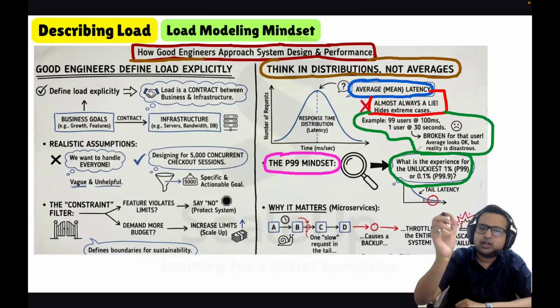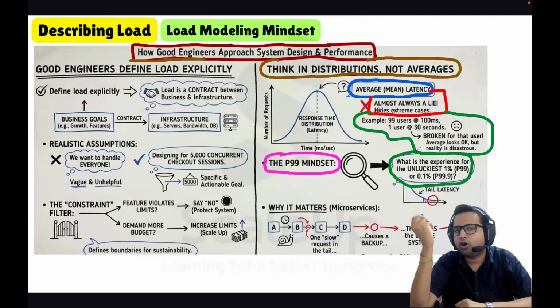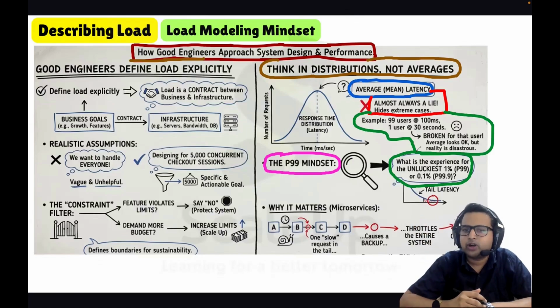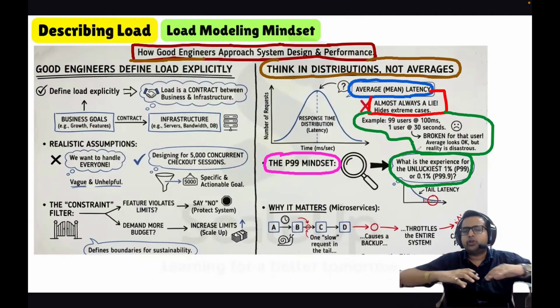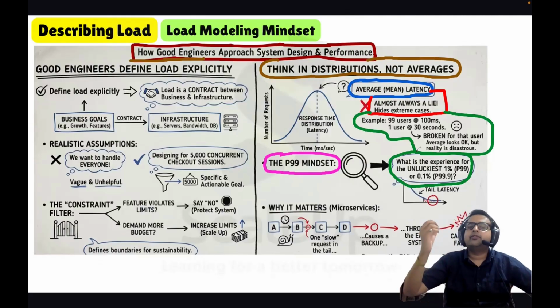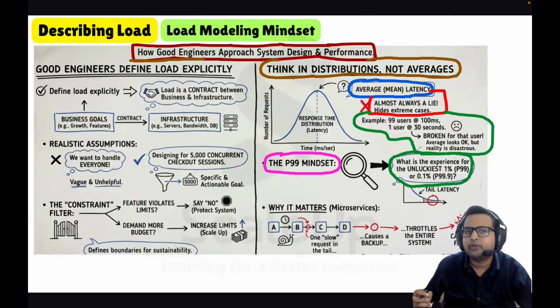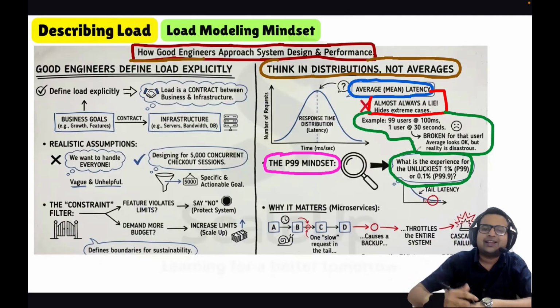Rather, we are bothered about the 1% of users for whom the system did not respond properly, took a lot of time to respond, or gave a wrong response. That is what thinking in distributions, not averages, means. Whenever we design a system, we should think about the unluckiest 1% of users. There we will be able to identify the bottlenecks of the system and why it did not respond properly, so that we can take action.